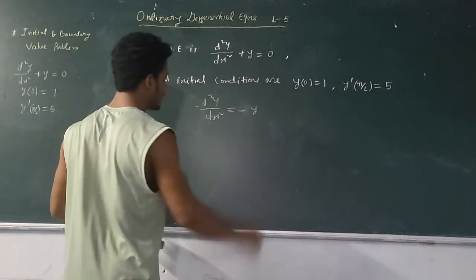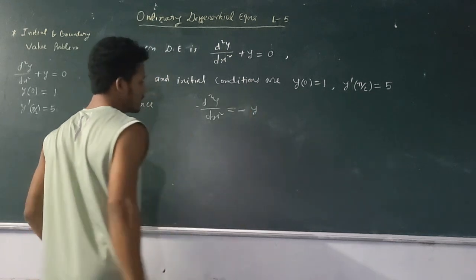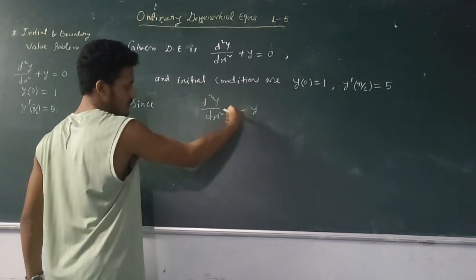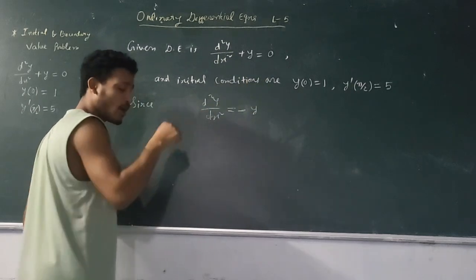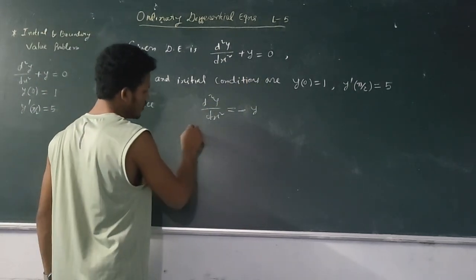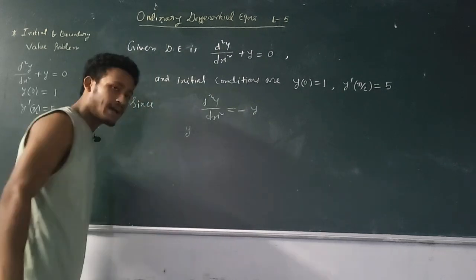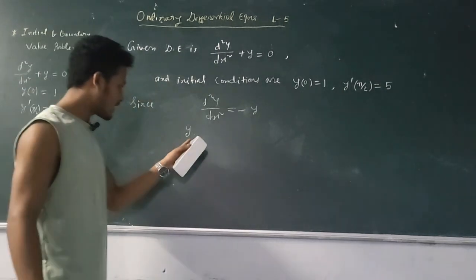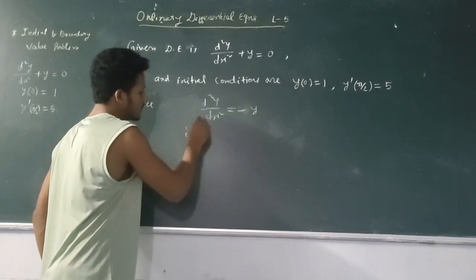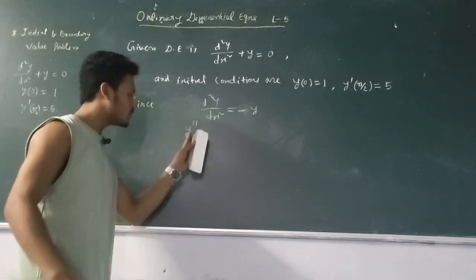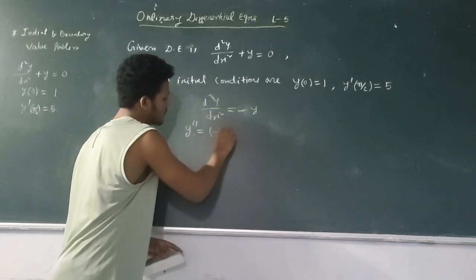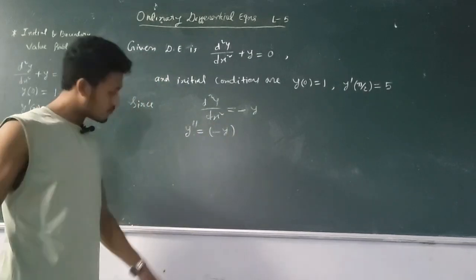Think about a function y such that the second time derivative of this function y is the negative of this function.